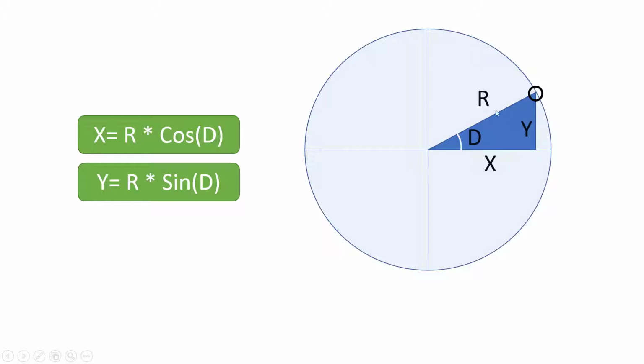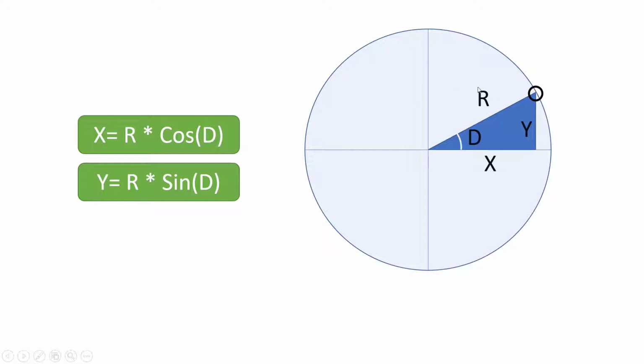And maybe now you understand why we're calling them Y, X, and R. R because this is the radius of the circle. Y because this is the y-axis. X because this is the x-axis. And if you want to find the coordinates of this point on the circle, it will be represented by X and Y. So the X of this point equals this value, and the Y at this point equals this value.